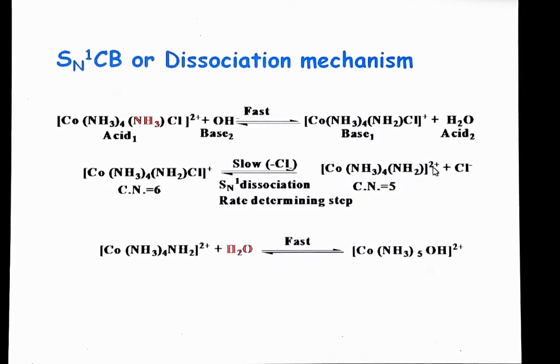Now this intermediate reacts with H2O in the third step, which is again a fast step, and here we are getting the hydroxo complex. By the hydrolysis of the octahedral complex we are getting one hydroxo complex with coordination number 6. Now we will understand this mechanism one more time.